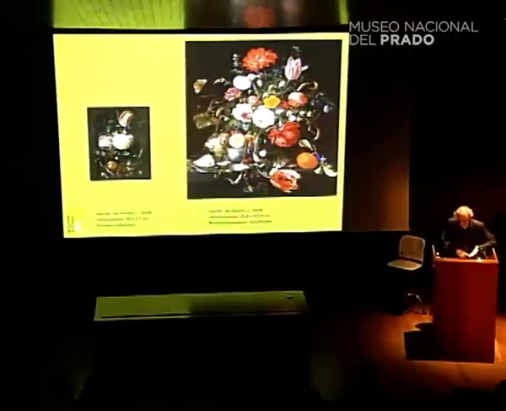You can see the element of fire in the smoldering taper to the right, and also in the porcelain and the glass, which are products of the fire. And then the element of air in the flying insects in the painting. And several of these elements you can also find in other paintings, but less clear than in this one.